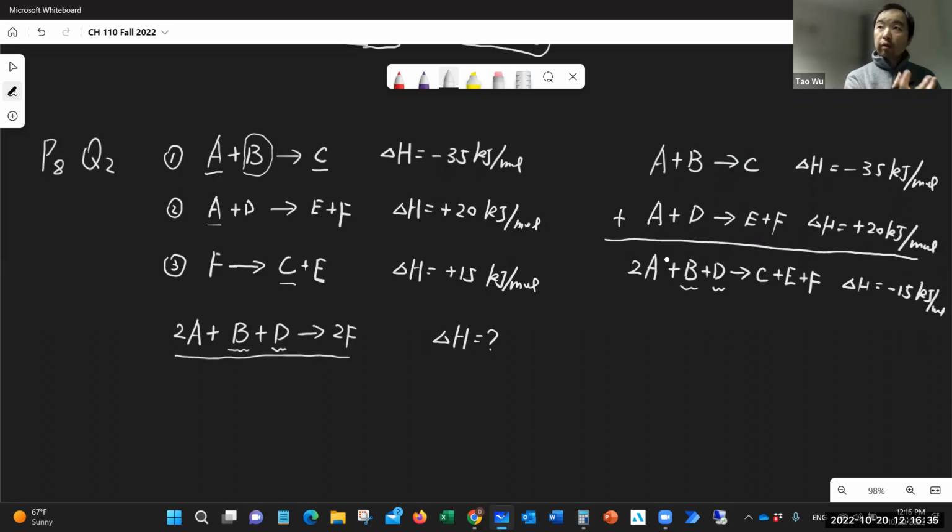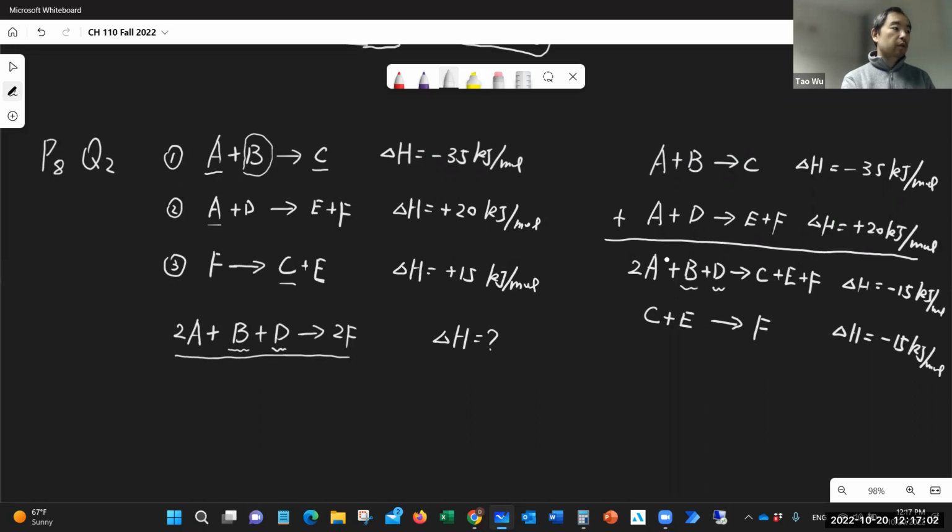Then what are we going to do? You're going to reverse this equation, right? If we reverse this equation, it becomes C plus E to form F. So the delta H for this equation is equal to negative 15 kilojoule per mole. Okay, so now the three equations are all modified.